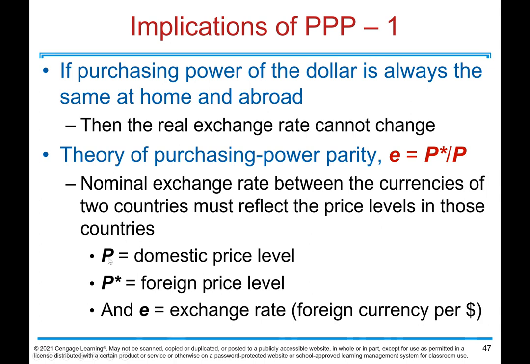Uppercase P is the domestic price level, uppercase P star is the foreign price level, and lowercase e is the exchange rate, foreign currency per US dollar.